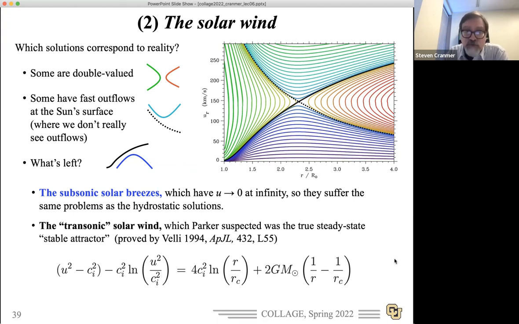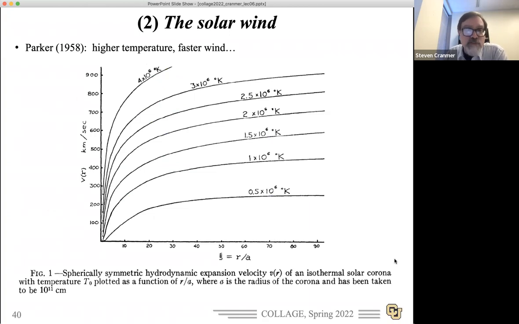But in general, people do this numerically. I think Parker sketched out these solutions by hand, but I forget whether he solved them with a computer or not. But that's definitely hand-drawn figures in the ApJ from the 1950s. And yes, you see that higher temperatures lead to faster outflow speeds, like you'd expect.